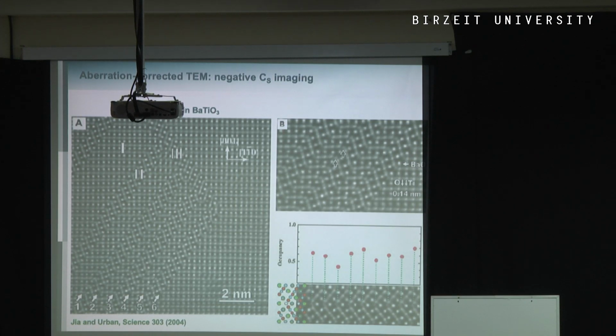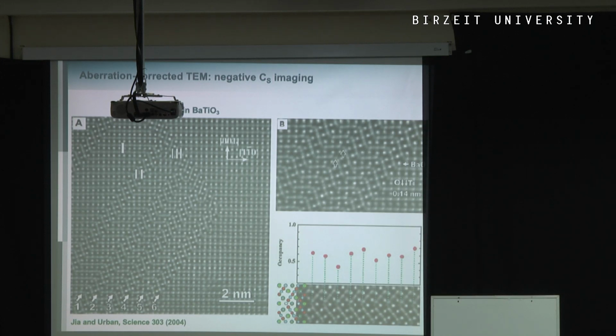And in this case it's twin boundaries that are of interest, and under these very specific imaging conditions, this image can now be interpreted faithfully.